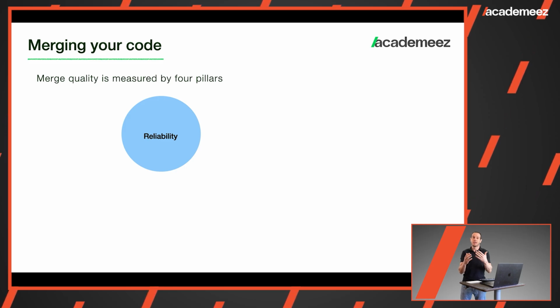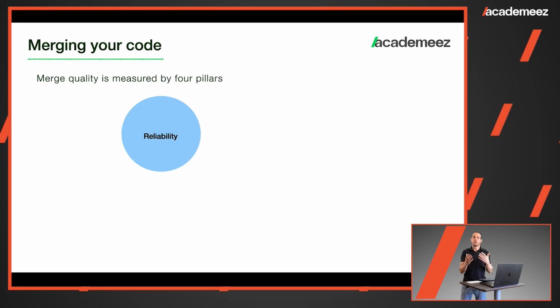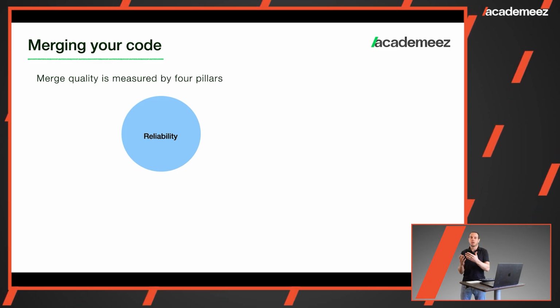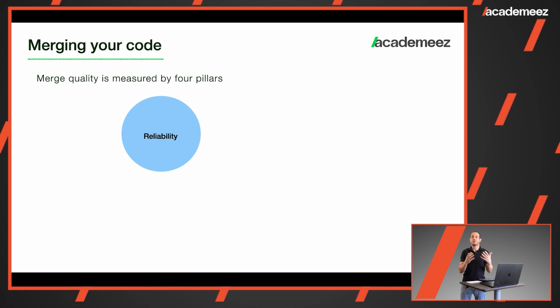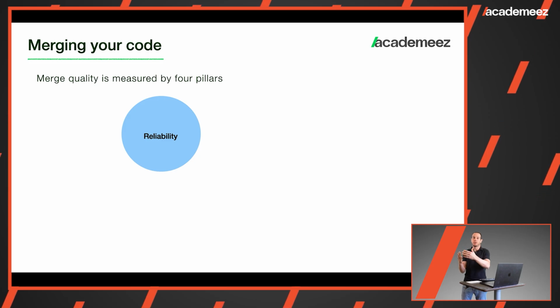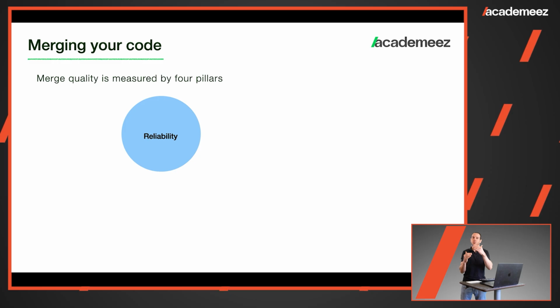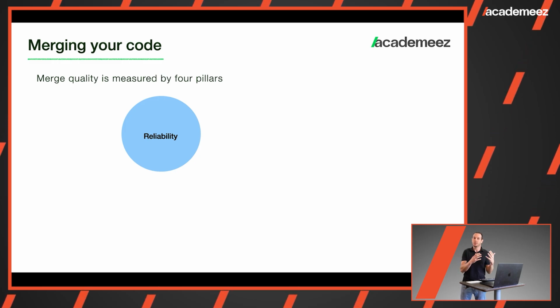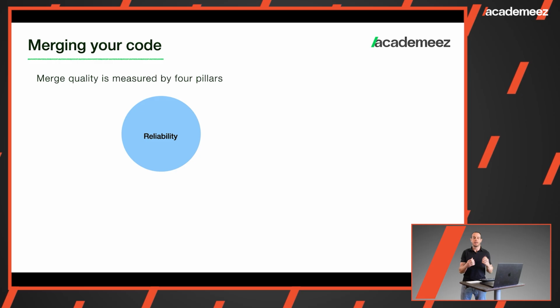Those checks ensure that the code entering main is reliable, which means, for example, it is passing all the tests and does not introduce major errors, and it's an overall improvement to the software, with new features. Obviously, we have new bugs, but with tests we try to reduce the severity of those bugs and avoid reintroducing the previous bugs we had, by writing tests. There are also checks on the code like linting and prettifying.